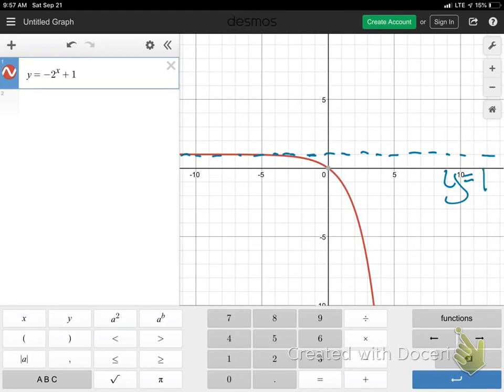So that's going to change the range of my function. The range of my function starts way down here at negative infinity.